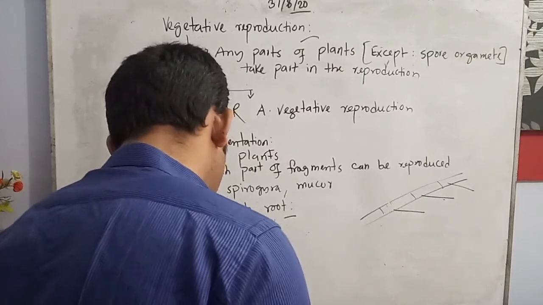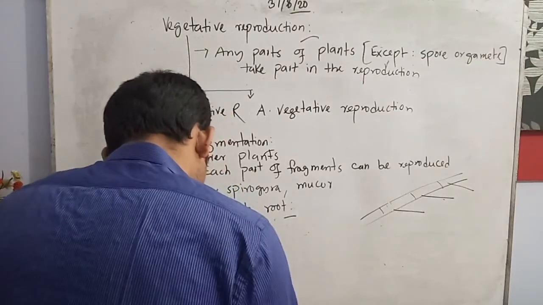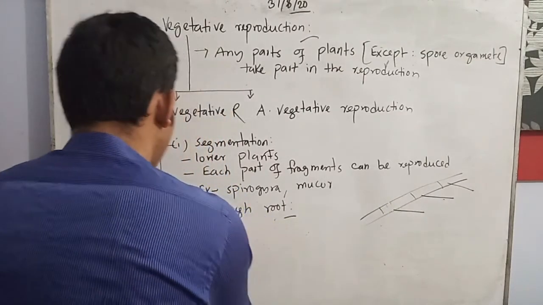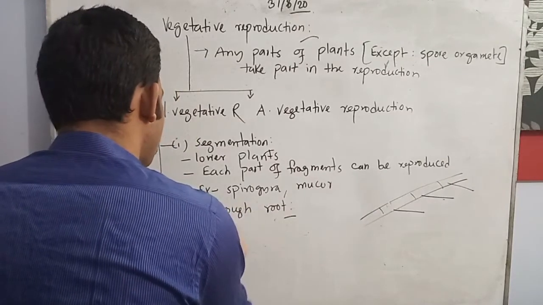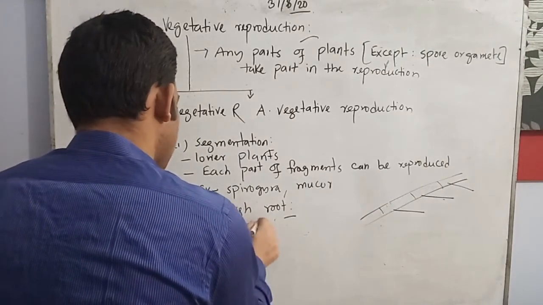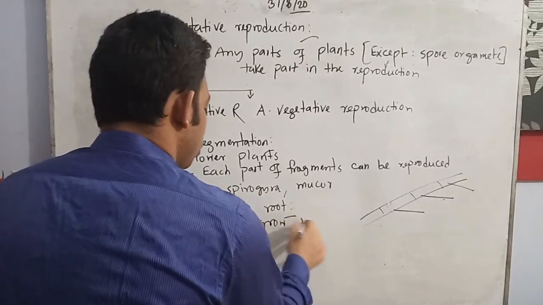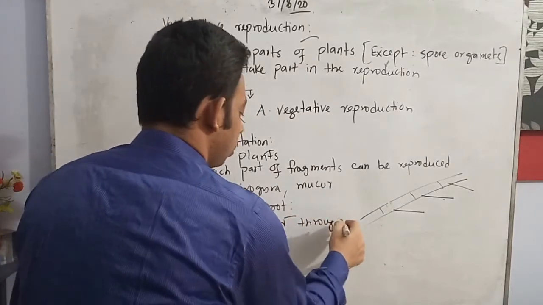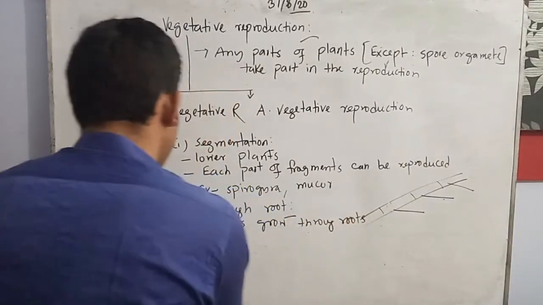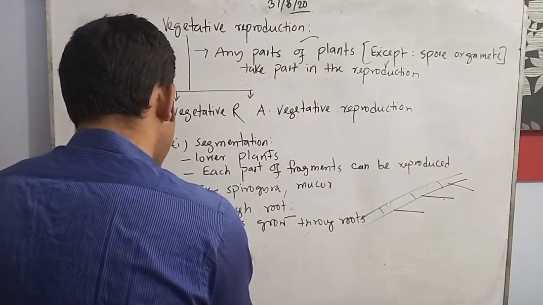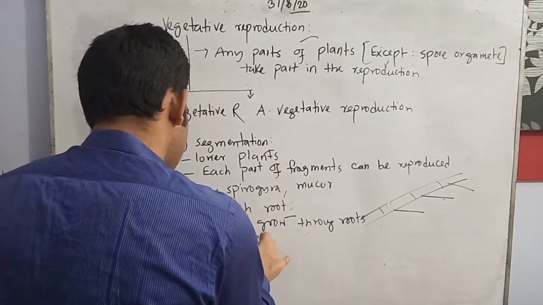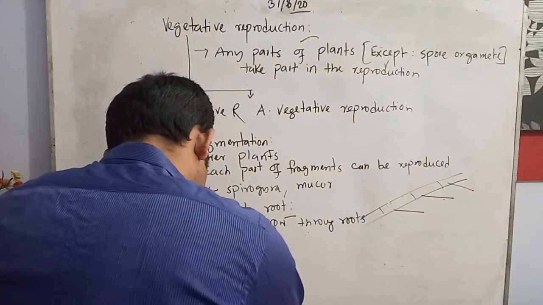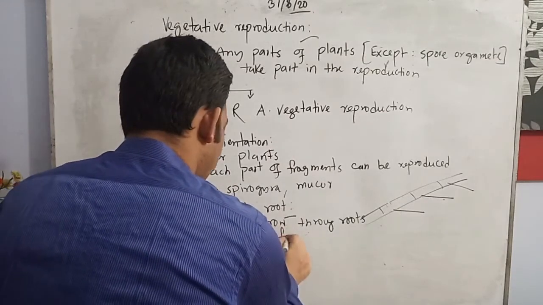Plants grow through root. We know plants grow through roots, and we know that roots are fatty and juicy.